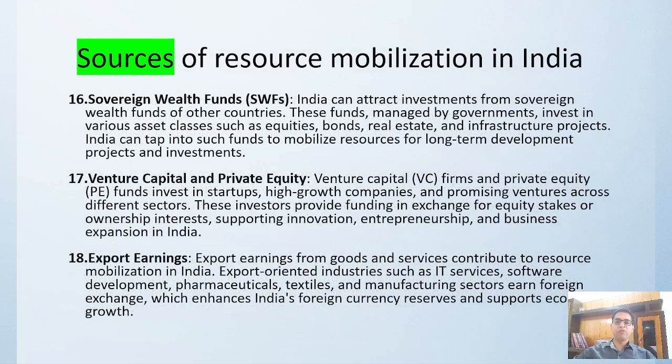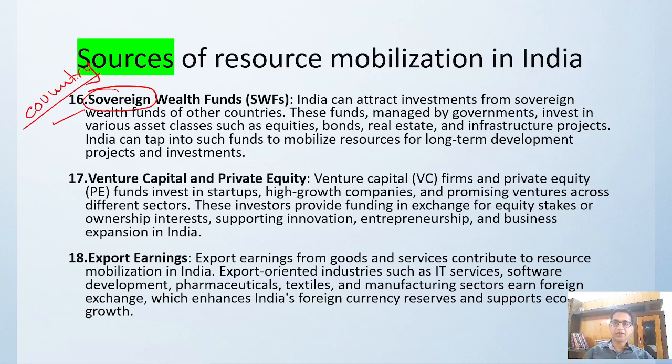Then sovereign wealth funds, very very big funds these are. Whenever we talk about the word sovereign, what is the meaning of sovereign? Sovereign means a country which is not being controlled by anybody.